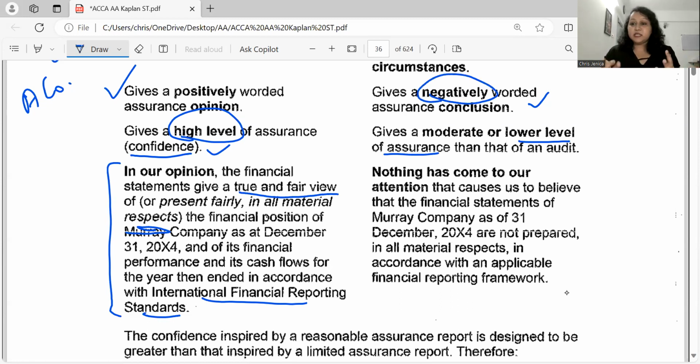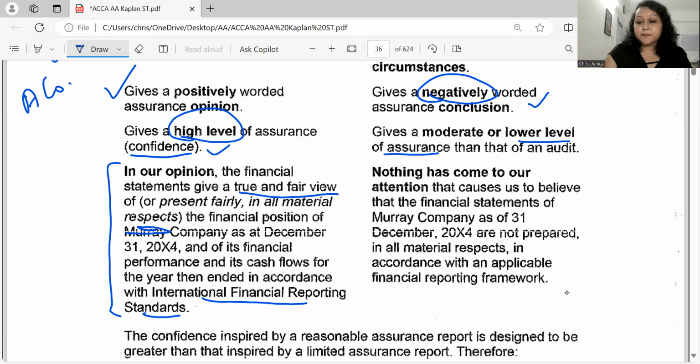That is, you're not telling them directly that yes, it is true and fair. Instead, what we will be doing, we'll just be saying we have not found out any circumstances where there could be some errors in the financial statements. This is what in normal terms we are going to do. Okay, I'm just telling in normal terms. I have not found any circumstances as I've performed the assurance engagement. I did not find any circumstances where I can say that yes, the financial statements are materially misstated.